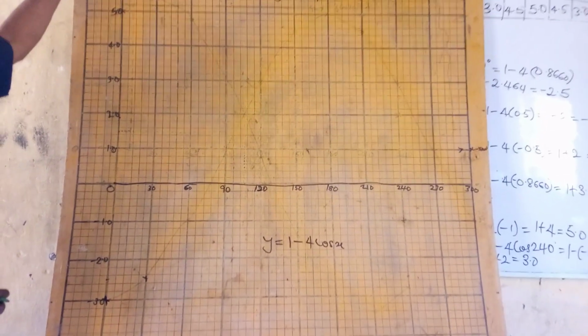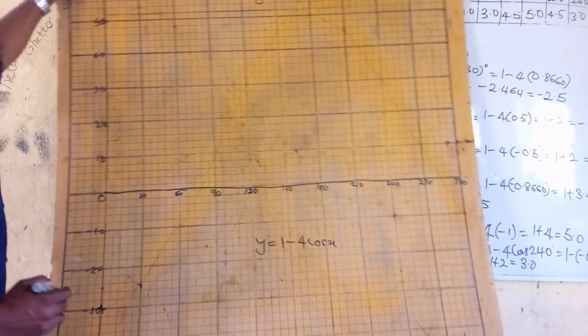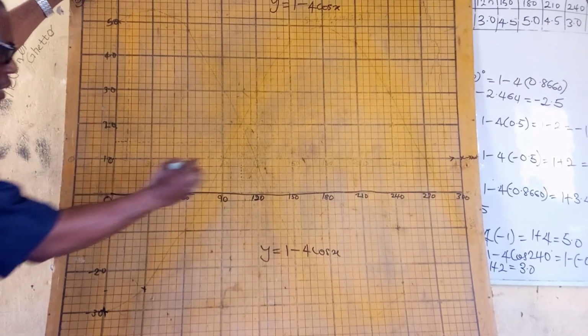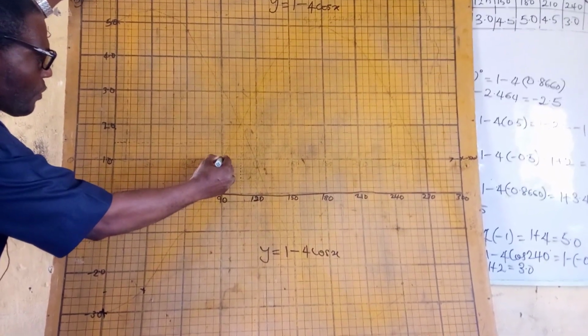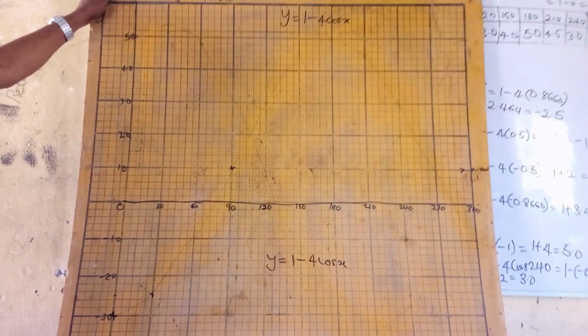Now the next one is when s is equal to 90. When s is equal to 90, we have it to be 1 exactly. So this is the point. When s is equal to 90, y is equal to 1.